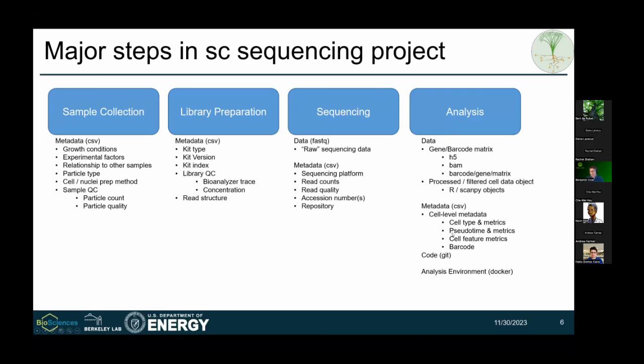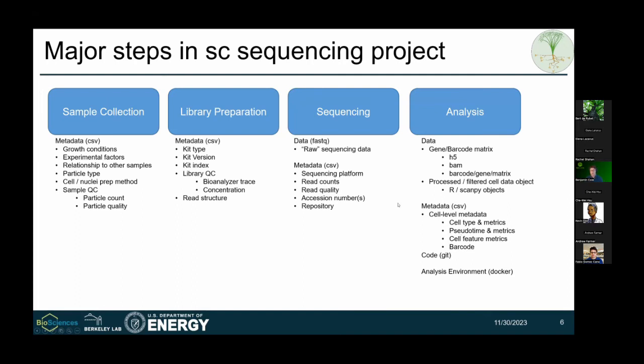As Bert mentioned, this can influence how a cell is being clustered. And most important for the cell level data is to include the actual sequence barcode that refers to that particular cell, so that someone could take that metadata and reconstruct your analysis pipeline.